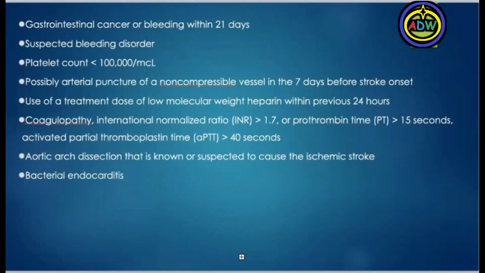So if you save the penumbra, you can decrease complications. You can make the patient's prognosis better, because you will save this area and the stroke core will be limited. And of course, it usually leads to better prognosis, fewer complications, and first of all, you can save the patient's life. But there are a lot of contraindications for thrombolytic therapy.